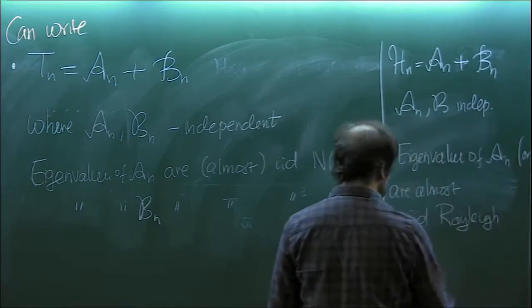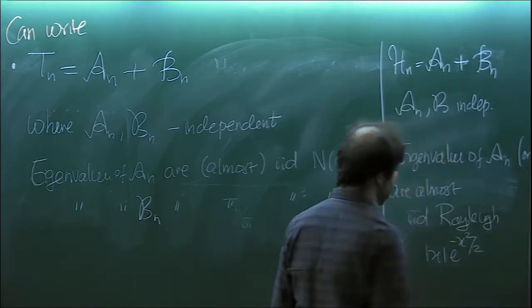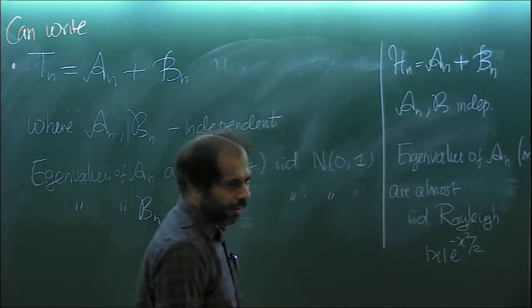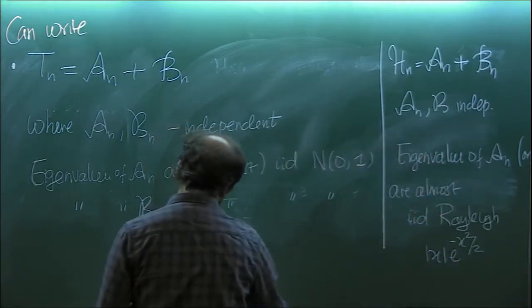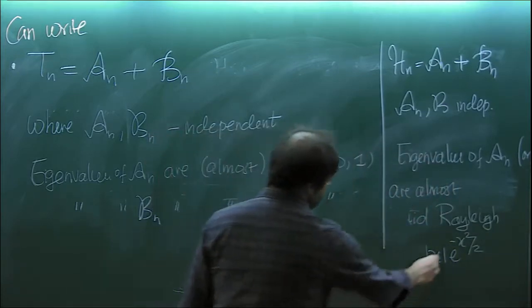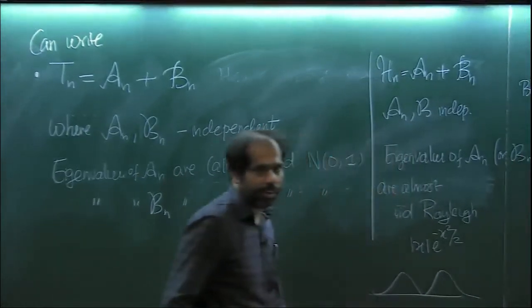Well, symmetrized Rayleigh distribution. I mean mod x e power minus x square by 2, that's the density. Okay. So if you see how that looks, so normal distribution, of course, everyone knows how that looks. The Rayleigh distribution looks like this.